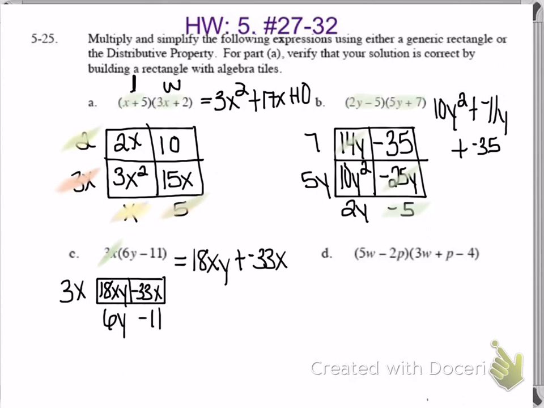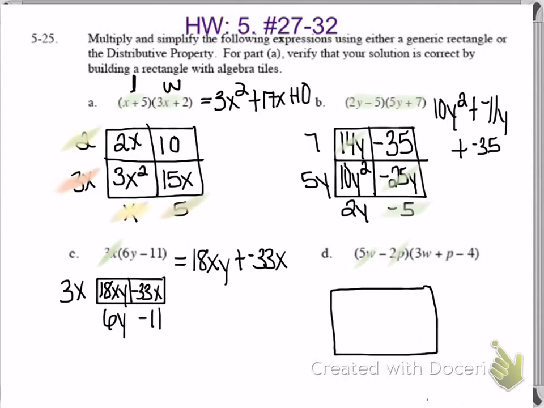Letter D is a challenge because I do have two terms in that first parentheses, but notice that I have 3 in the second set of parentheses. Here's how I'm going to modify my generic rectangle. I'm going to go ahead and draw it just like I normally did.